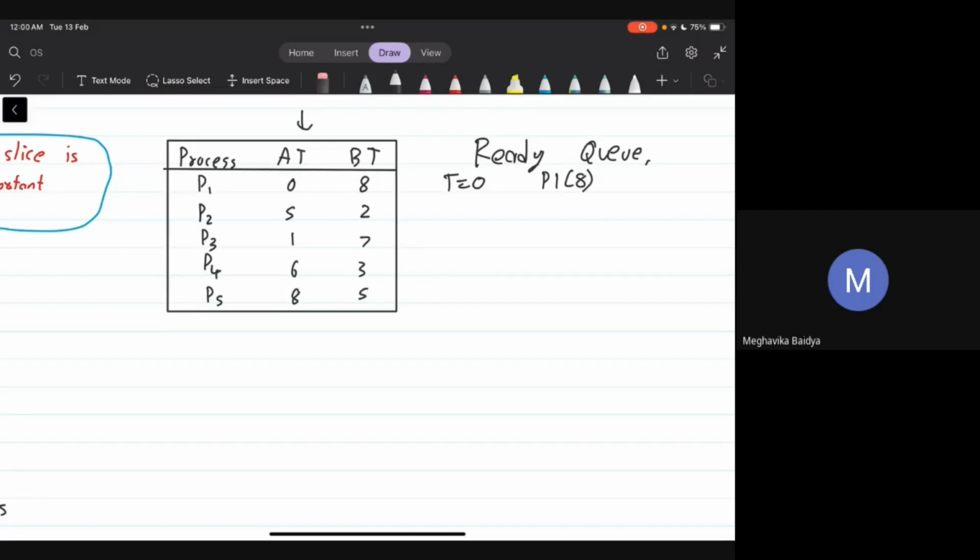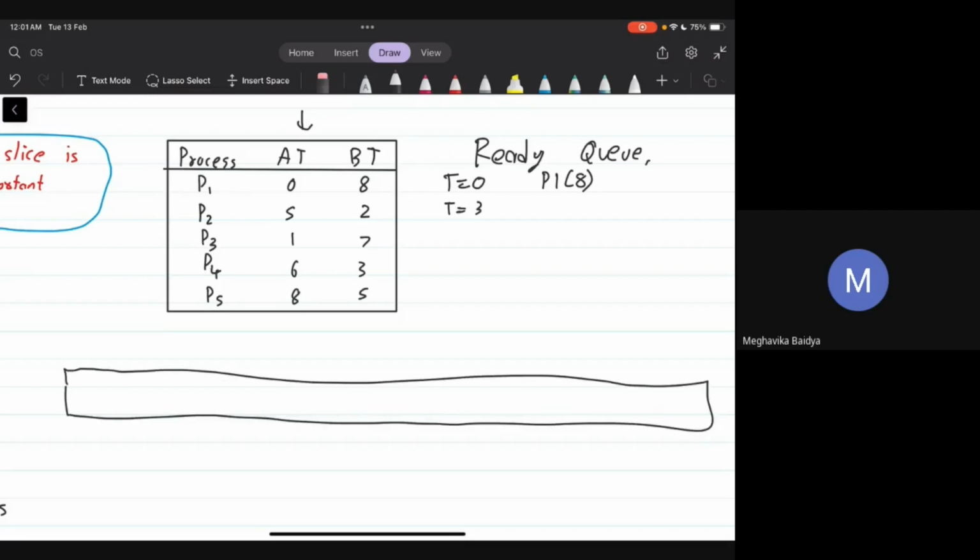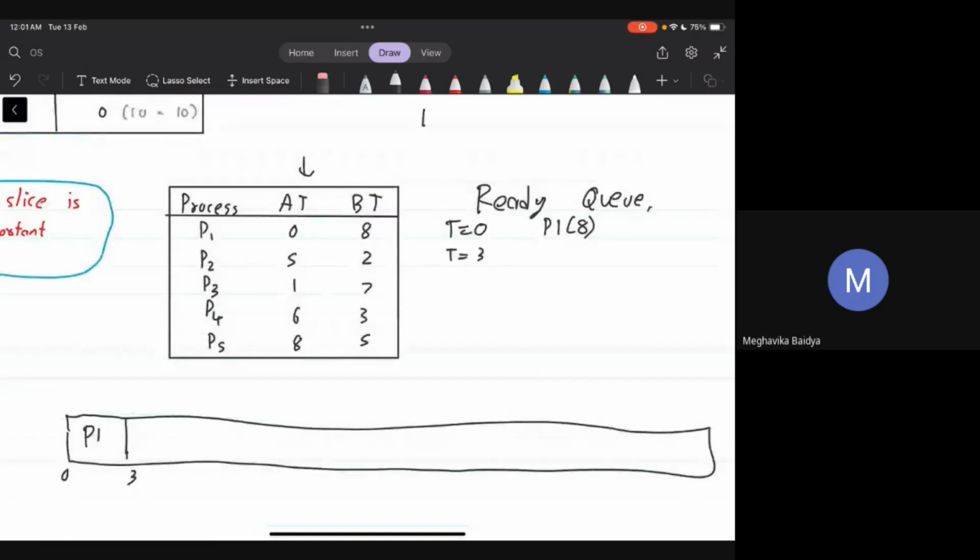Now you will run this for 3 seconds, so you will go to t equals 3. I'll draw the Gantt chart below here. First P1 runs from 0 to 3, since in the question the time quantum is given as 3. But P3 comes at arrival time 1, with a burst time of 7.